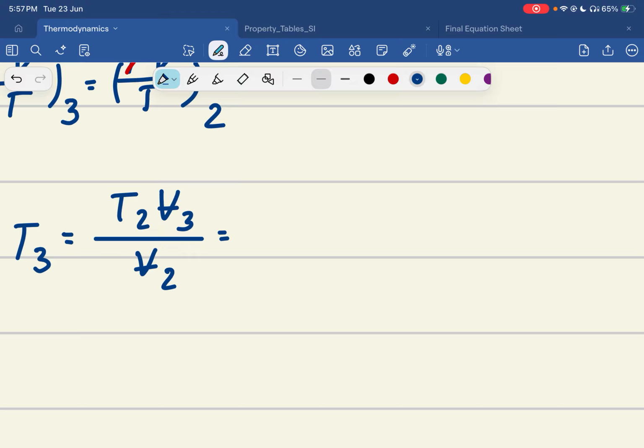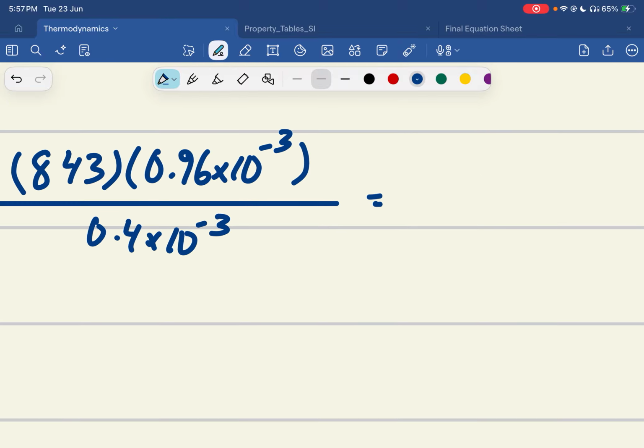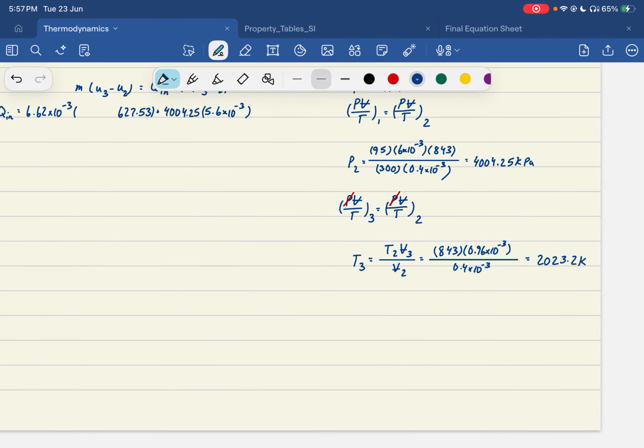That would be 843 and then 0. Which equals 2023.2 Kelvin.